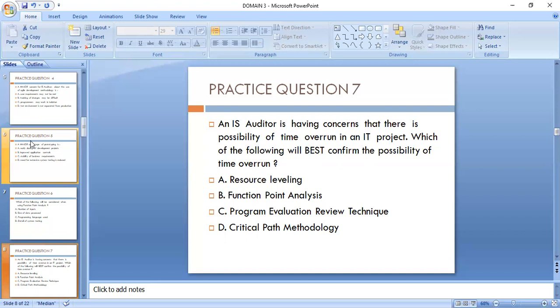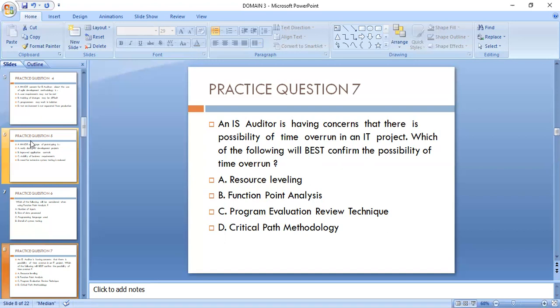Okay, so the advantage of PERT over critical path methodology is that PERT uses 3 time estimates, whereas critical path methodology uses only 1 time estimate. So the time uncertainty in PERT is less pronounced than we have in critical path methodology.